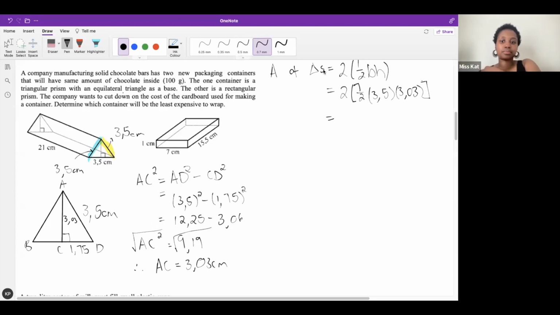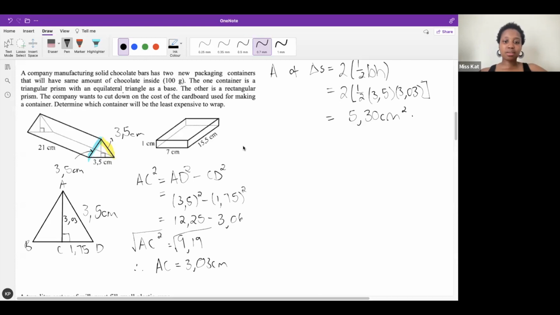It is 5,30 centimeters squared. Okay, those are just the triangles.